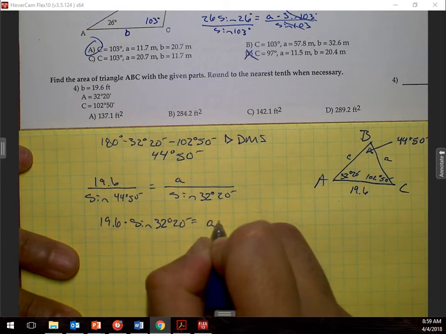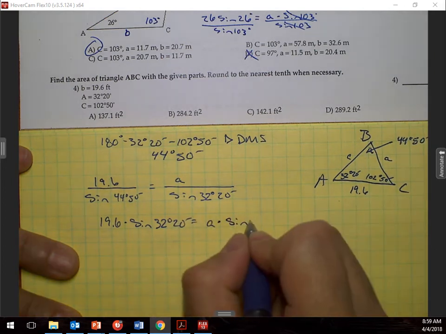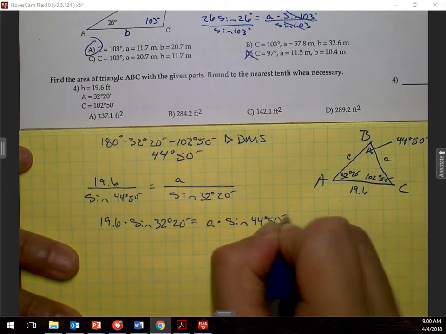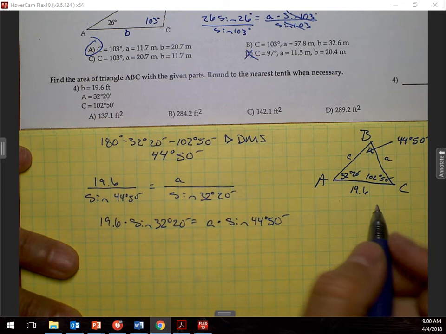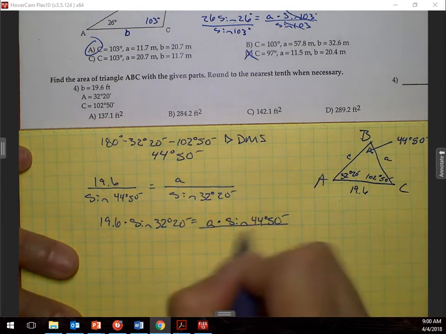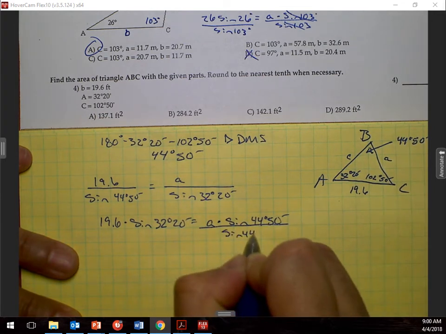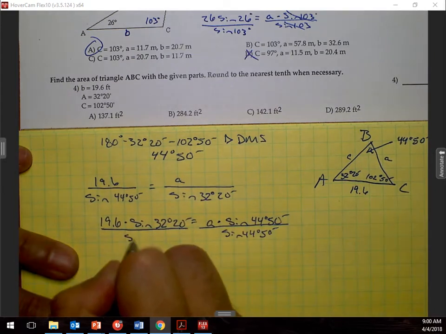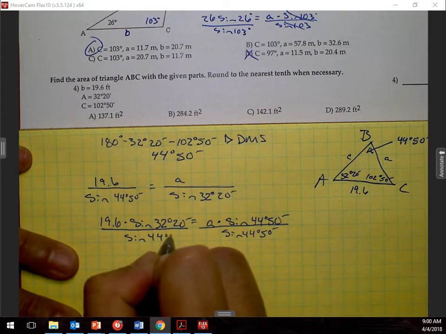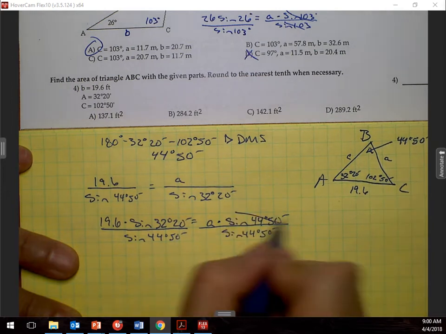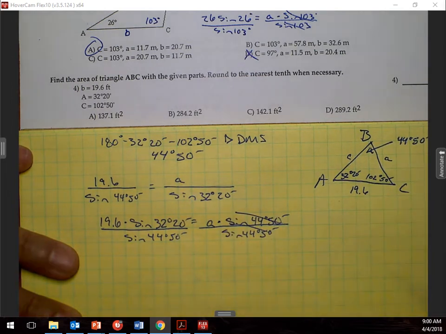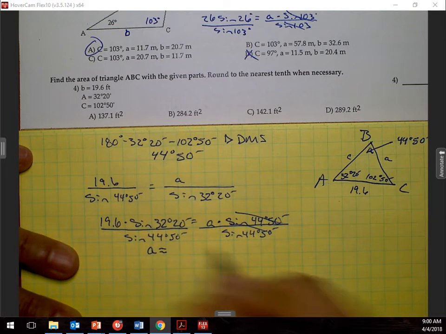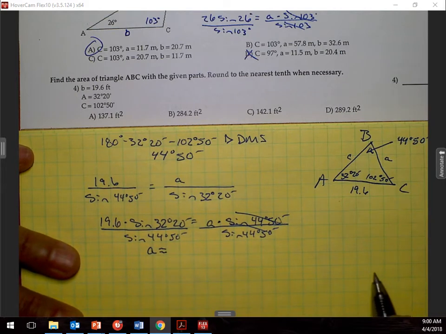Okay, and from here I'm going to divide both sides by sine 44 degrees, 50 minutes. So we got A by itself. What do you get for A?